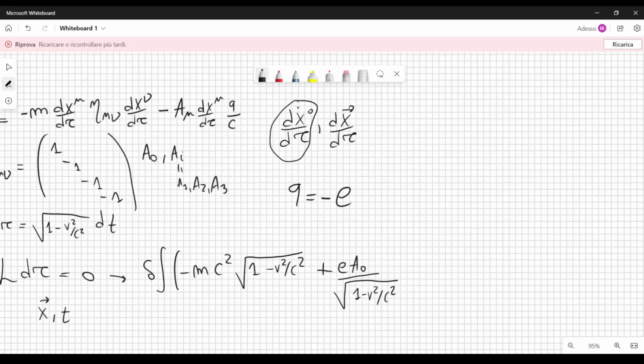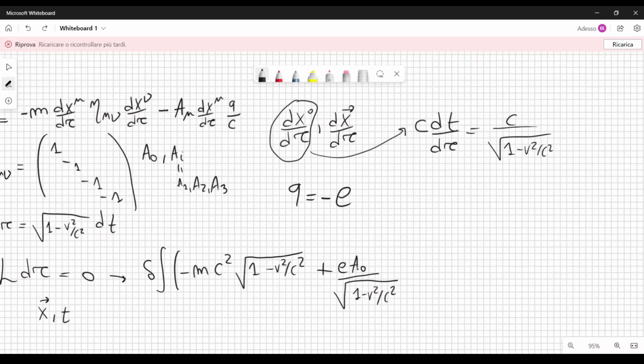So this first part can be simply written like this. So dx0 will be c times dt, and then I divide by d tau. But this will be c divided by the square root of 1 minus v squared over c squared, and this factor of c will simply cancel this factor of c here in the denominator.